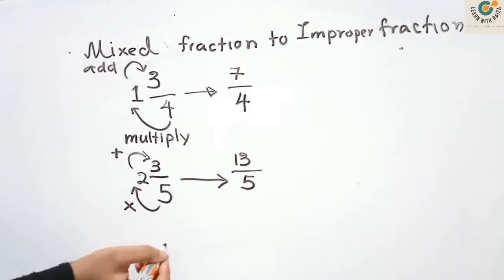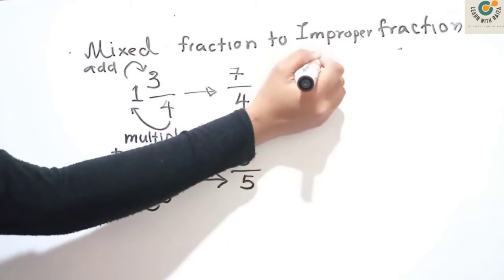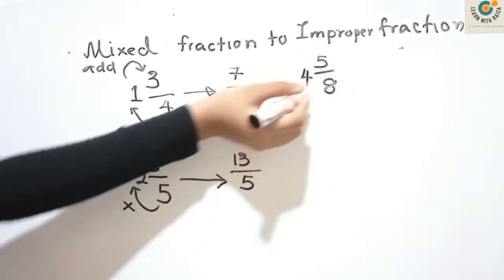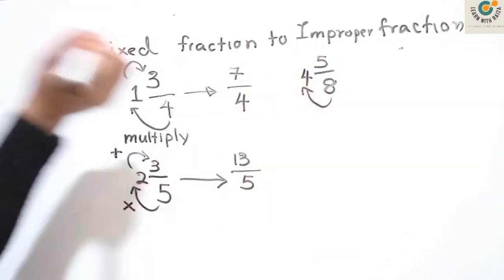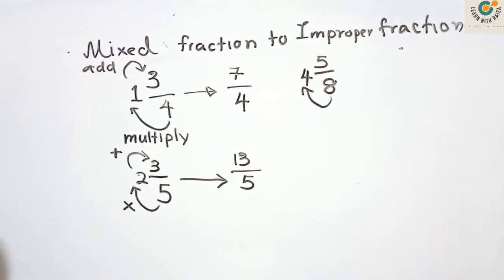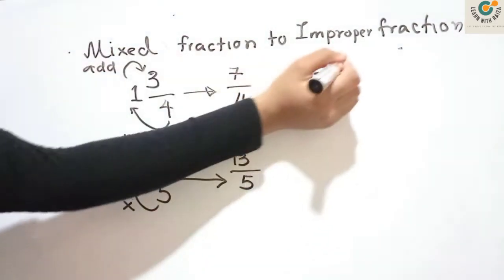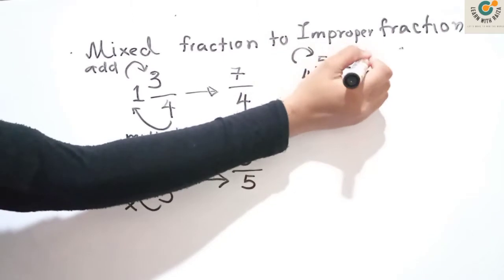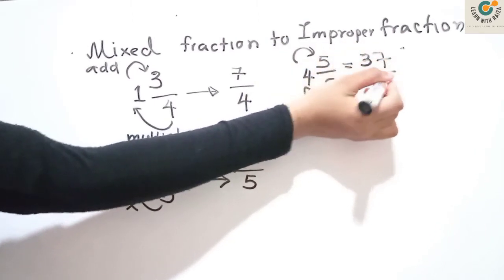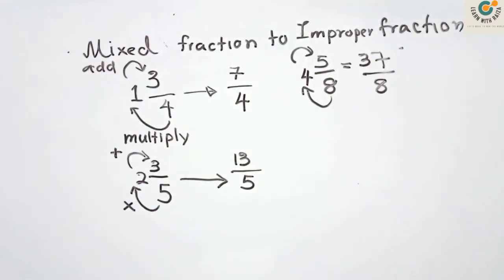Let me take another example: 4 5 upon 8. You multiply the denominator and the whole number. 8 times 4 is 32. 32 plus 5 gives 37, and the denominator doesn't change. So this is the way of converting a mixed fraction to an improper fraction.